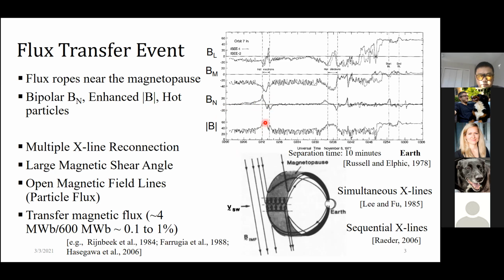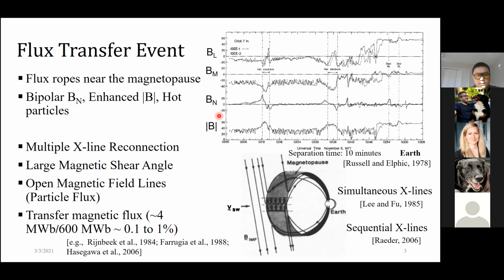And frequently, in the center, inside the flux transfer event, we could observe hot particles, which could be reconnection-accelerated particles or magnetospheric particles. There are several models on the generation of flux transfer events.